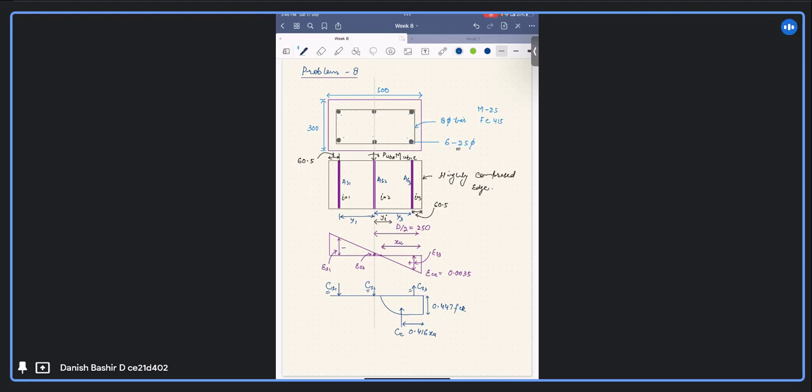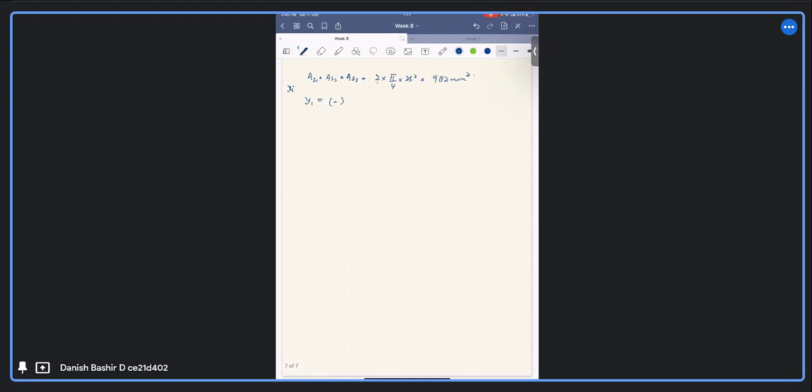Y1 you can calculate as d by 2 minus the effective cover of 60.5. That's why I told you to calculate it carefully. With the sign convention minus, y1 is minus d by 2 minus 60.5, which comes out to be 189.5.